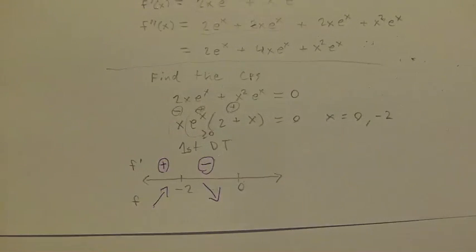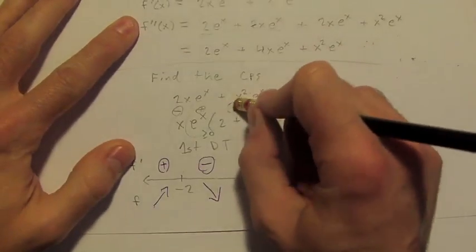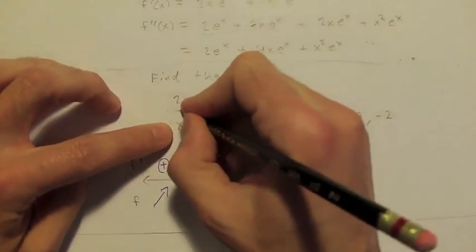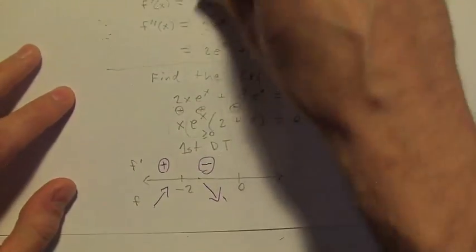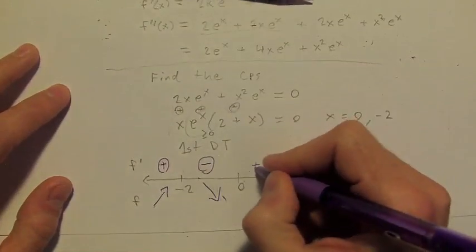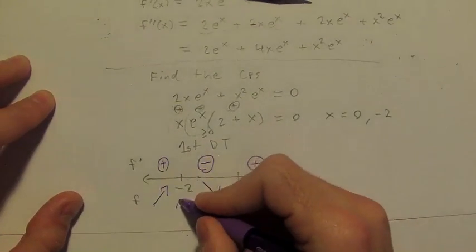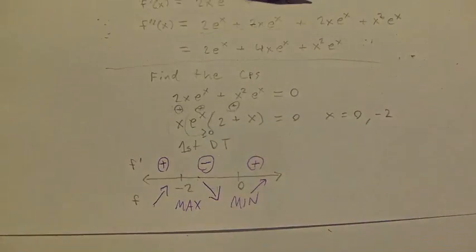Okay. And then to the right of 0, if I put in a positive 1, let's say, well, 1 here, that'll be positive. This is always positive. 2 plus 1 will be positive, so it ends up being positive. All right, so I end up with a local max here at negative 2 and a local min here at 0.